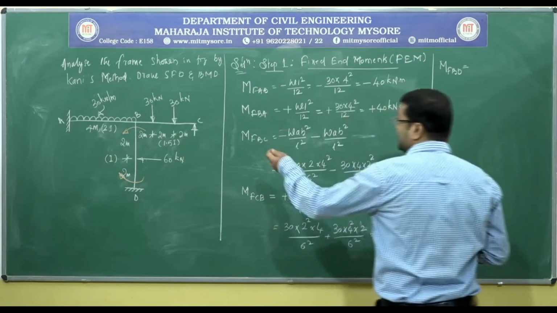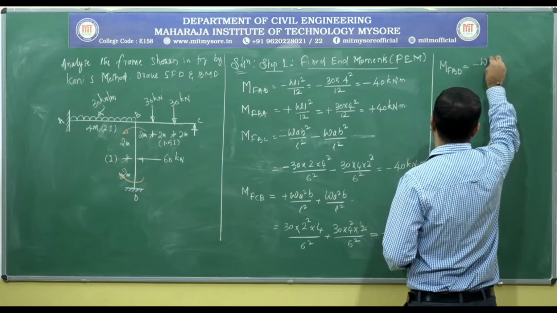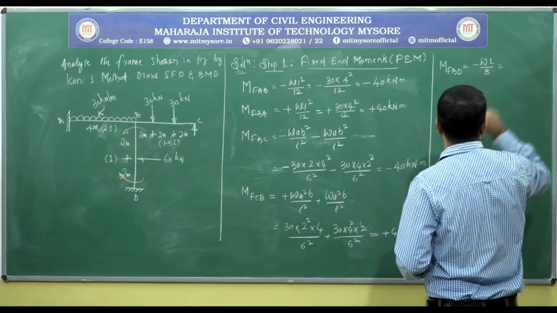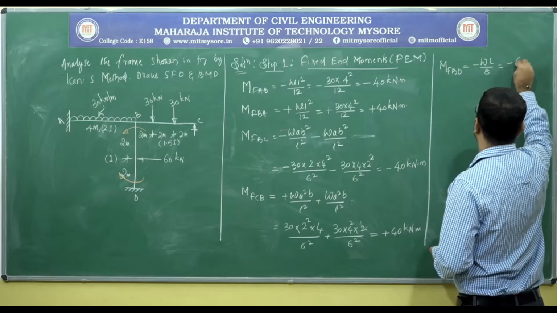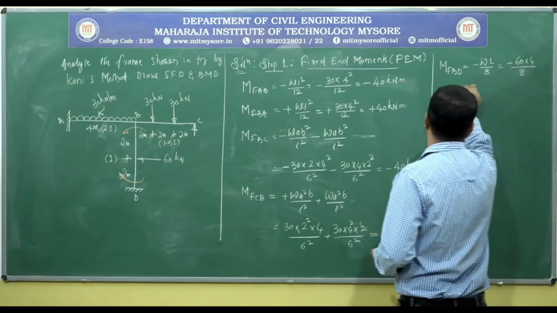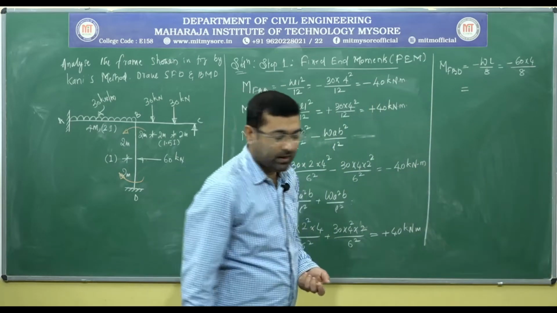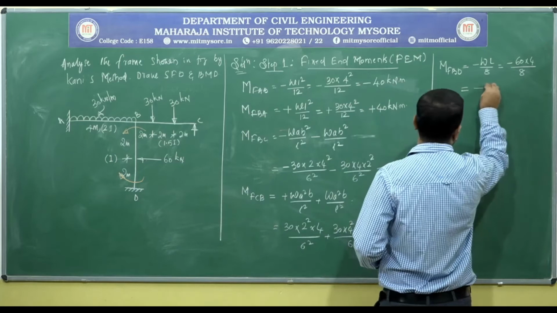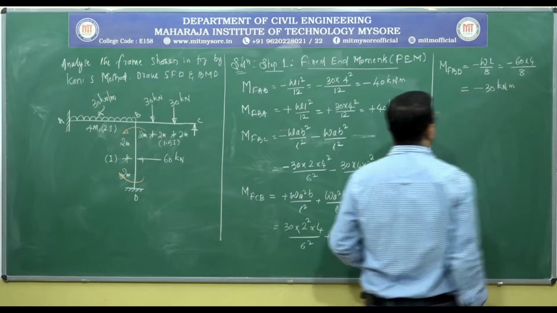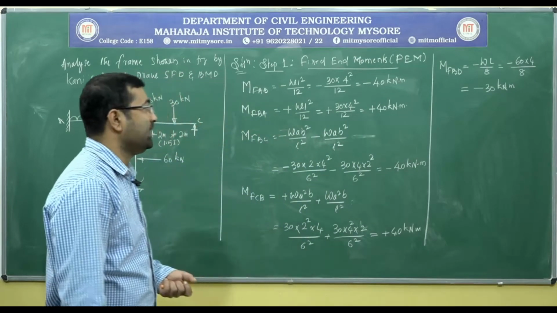So because of this 60 kilonewton load, MFBD is equals to WL by 8. So minus of W is 60 kilonewton, L is 4 divided by 8. So that gives you a value of minus 30 kilonewton meter as the fixed end moment at B, that is MFBD.